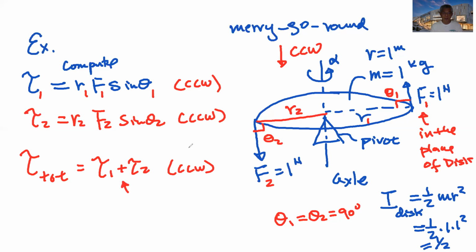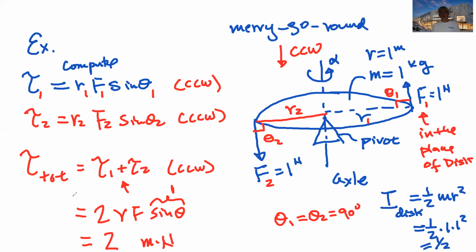So then we have this equal to 2 times R F sine theta. But sine theta is nothing but 1, because it's sine 90 degrees. That's equal to 2 times 1 times 1, which is 2 meter Newton.